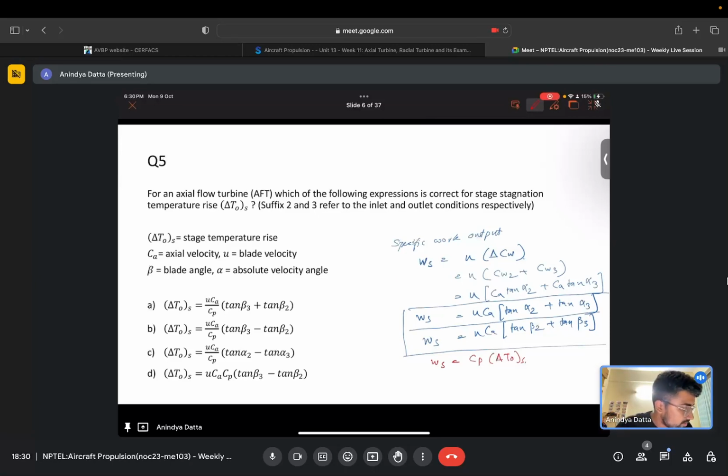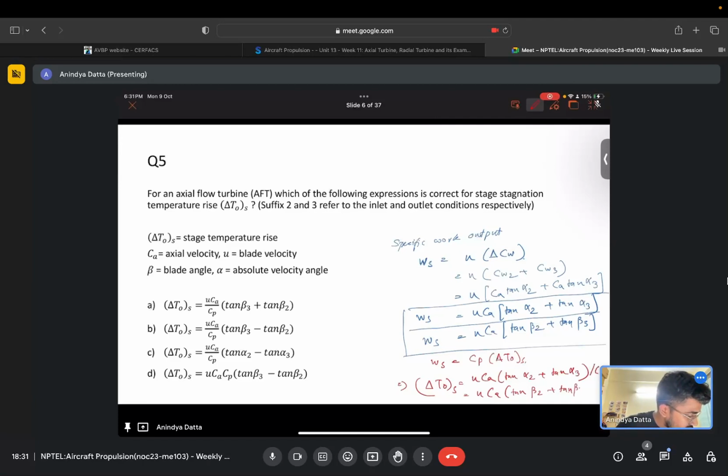If we equate these two, we get delta T0s equal to U Ca (tan alpha 2 plus tan alpha 3) divided by Cp, or U Ca (tan beta 2 plus tan beta 3) divided by Cp.